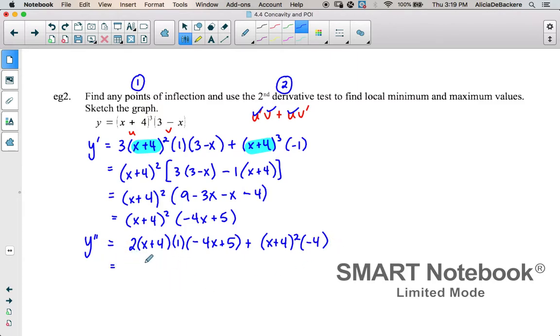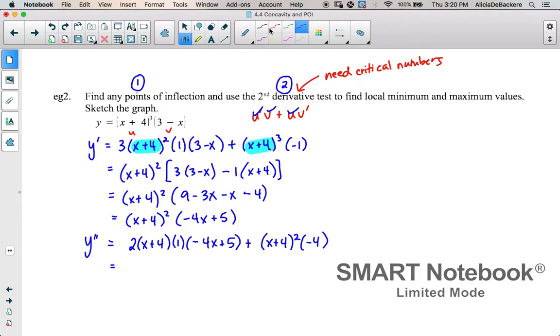All right. The other thing I'm thinking here is I do want the first derivative factored at some point, because I know that in order to do the second derivative test, I'm going to need my critical numbers. So I know at some point I'm going to have to use the first derivative factored.